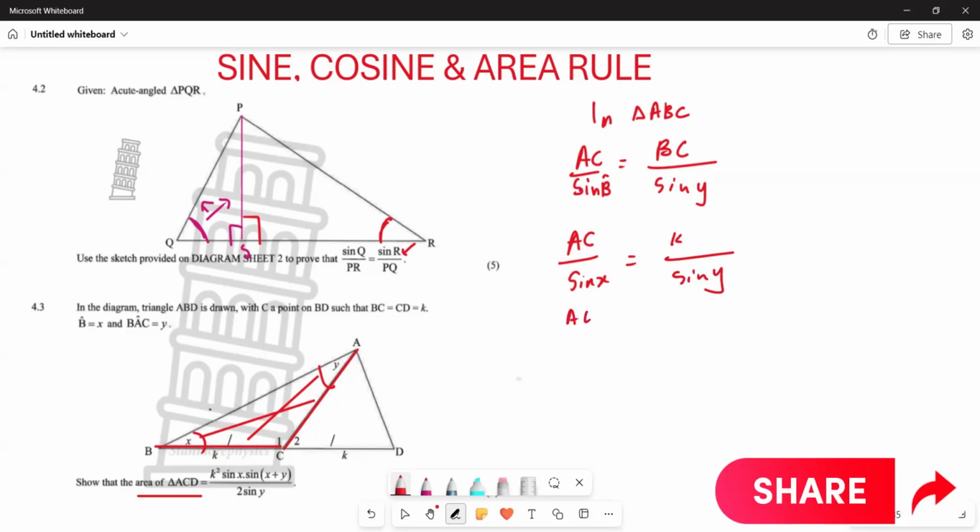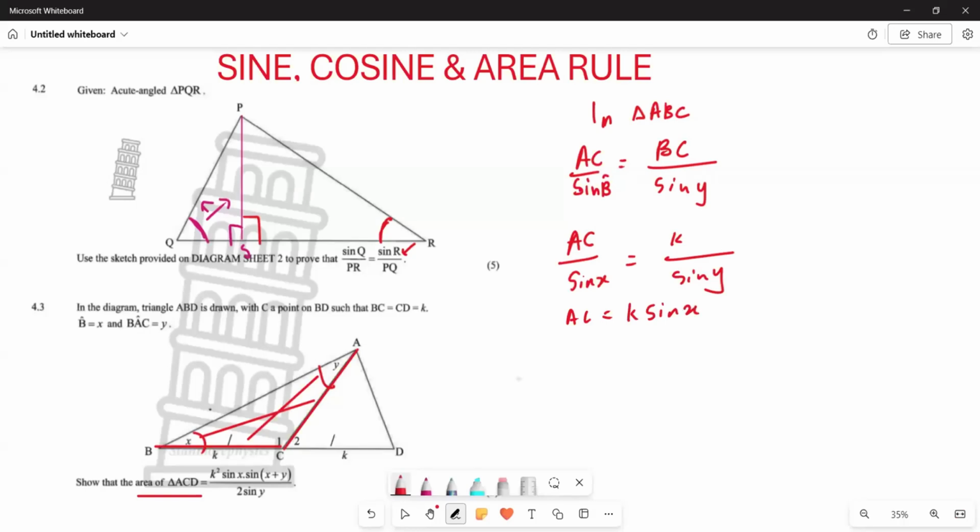So which means now my AC is the same as K sine of X over my sine of Y. Then from here, what are you going to do? This is going to be the expression for your AC, which means this side AC is given by K sine X over my sine Y.